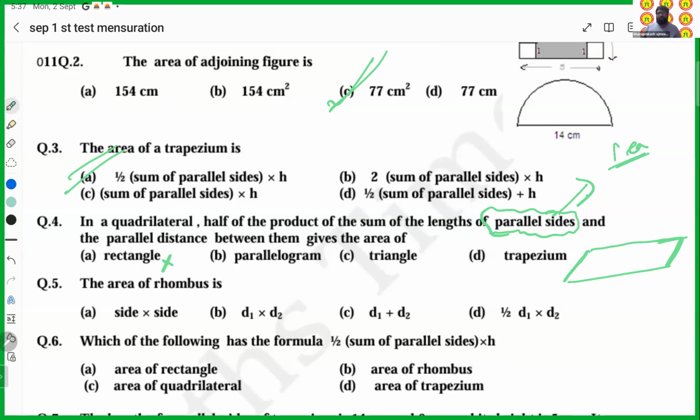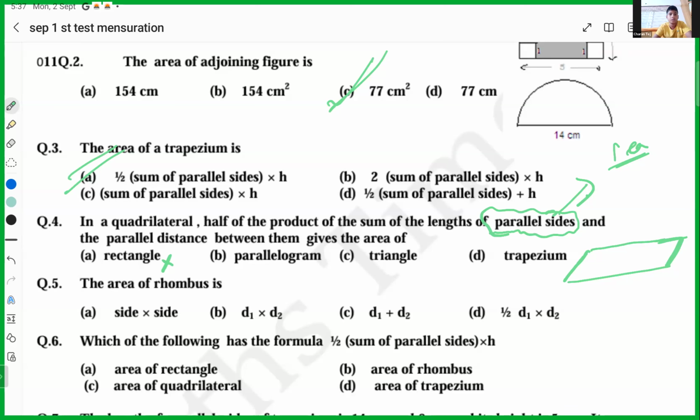Now come to parallelogram. What is the parallelogram area? We discussed this, right? Someone please answer.